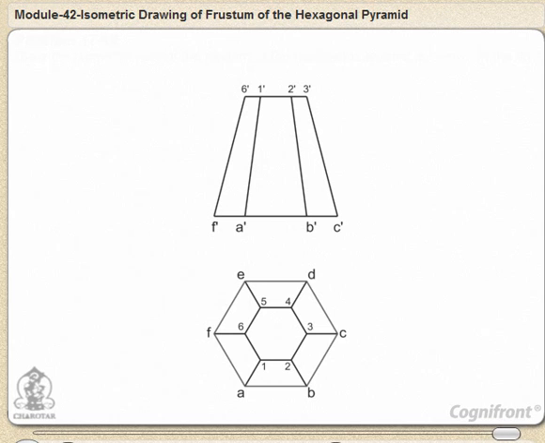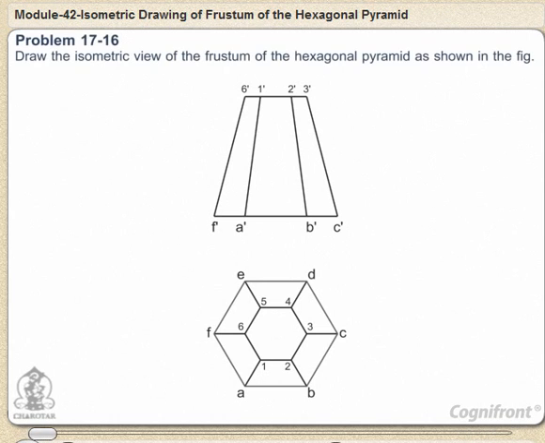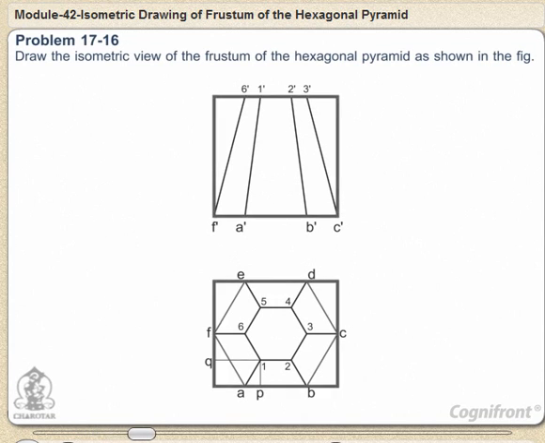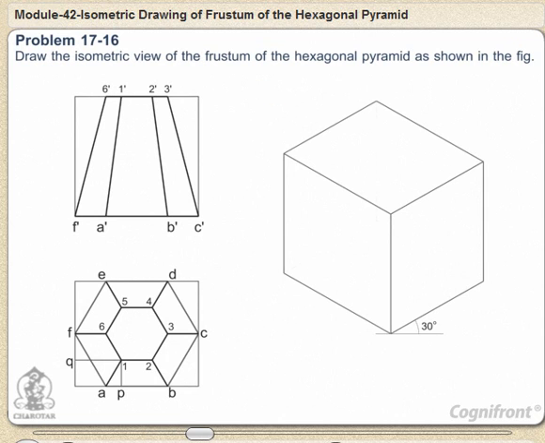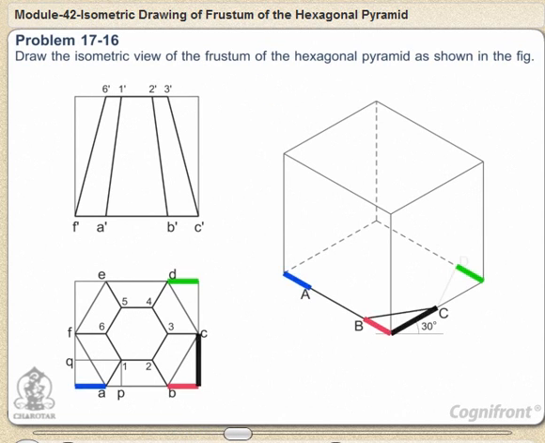Problem 17.16. Draw the isometric view of the frustum of the hexagonal pyramid as shown in the figure. Enclose the front view and the top view in rectangles. Draw the isometric view of the rectangular box. Locate the 6 points of the base of the frustum on the sides of the bottom of the box.